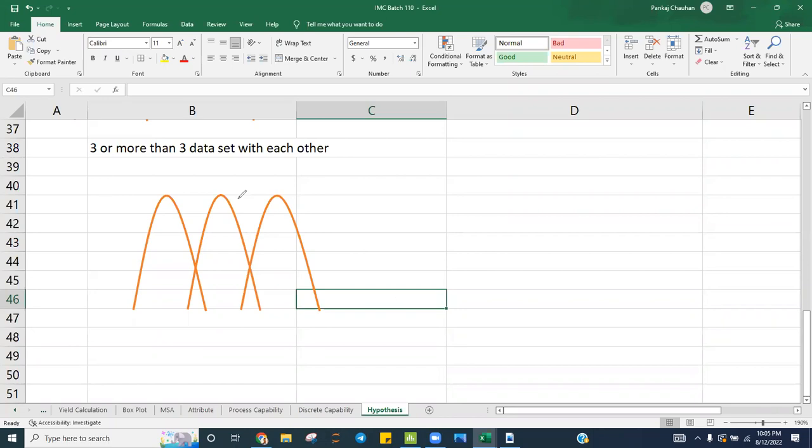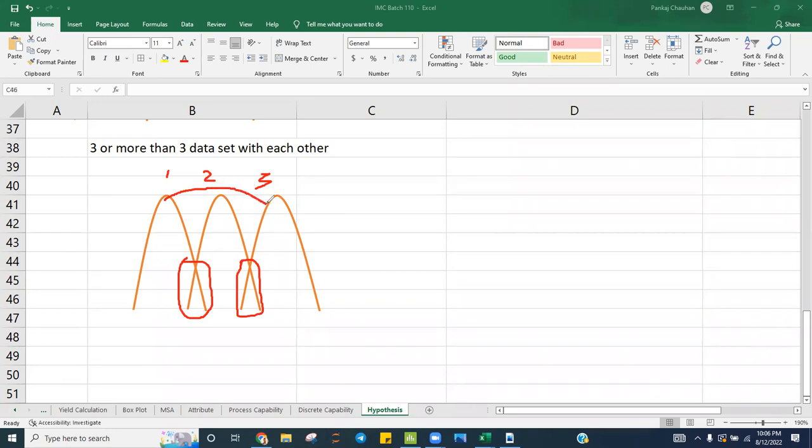I will tell you. Let's say this is 1, 2, 3. Sample number 1 and 2 are overlapping. Yes, null hypothesis. Sample number 2 and 3 are overlapping. Yes, null hypothesis. But are sample number 1 and 3 overlapping? No. So null hypothesis says all are overlapping with each other, all are the same. Alternate will say at least one is different.